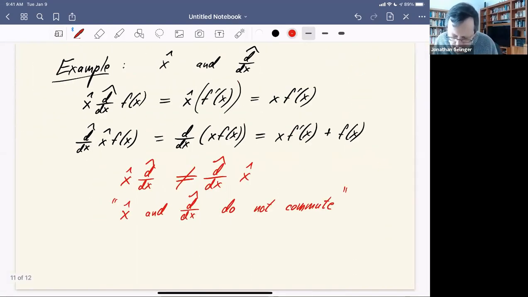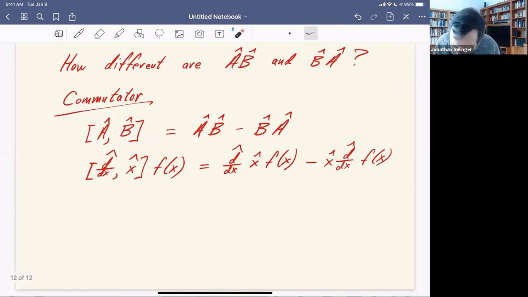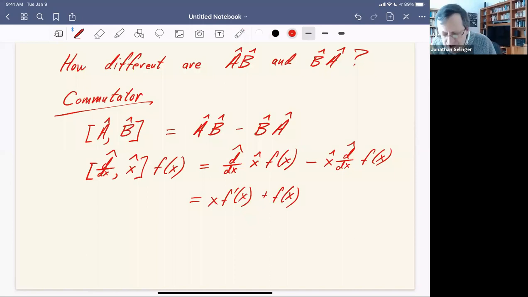So d by dx acting on x, acting on f of x, is this combination: x f prime of x plus f of x. That's the first piece.